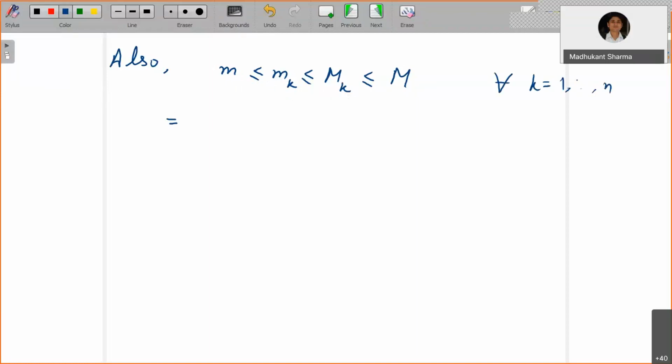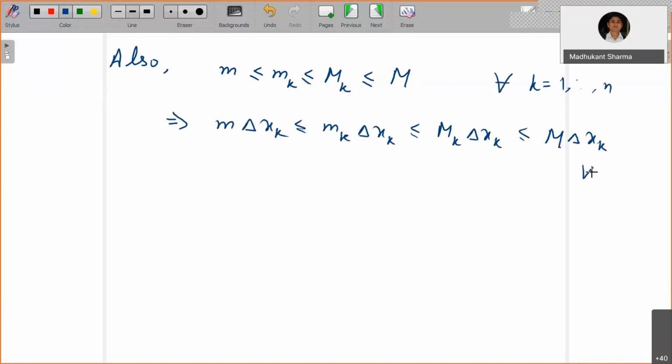So this implies, you multiply by delta xk, small m times delta xk is less than or equal to capital M times delta xk for all k equals 1 to n.